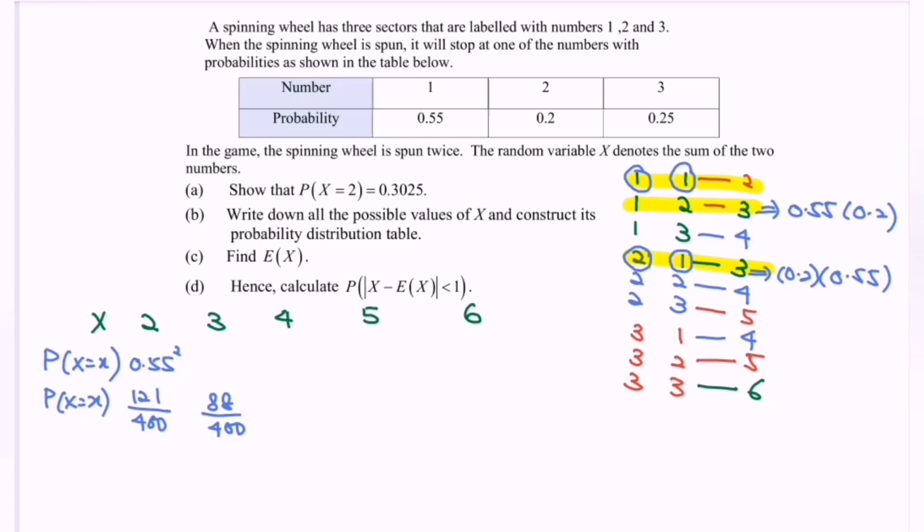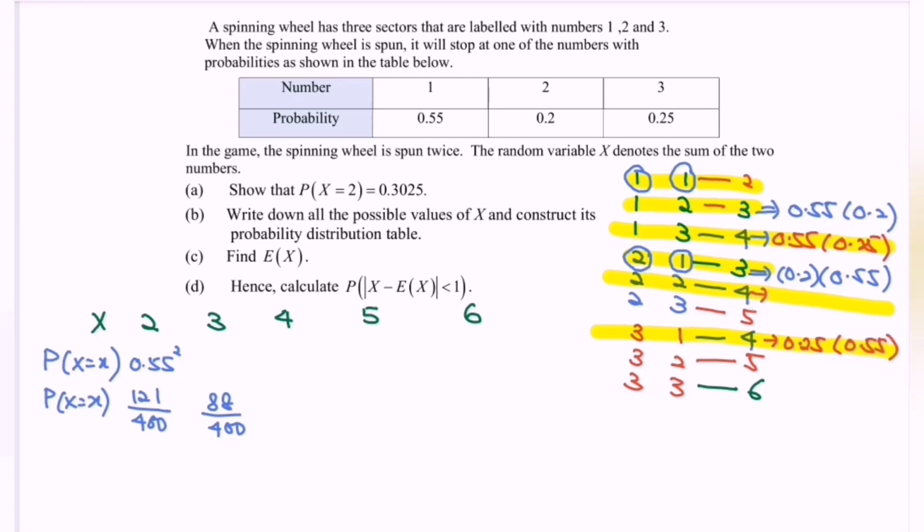Next, move on with the number 4. Notice that here we have number 4, here we have number 4, and here we have number 4. So we got 3 cases for number 4. For this case, we have 1, so the 1 will be equal to 0.55, and after that we have the number 3, where we multiply with 0.25. Same goes to this part: 0.25 multiplied with 0.55, because of 3 and 1.